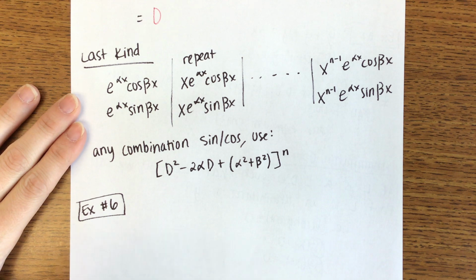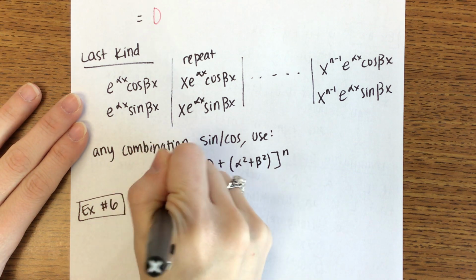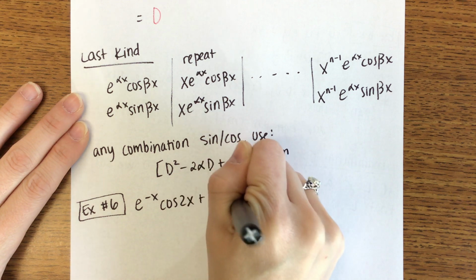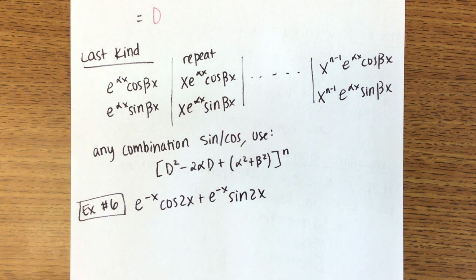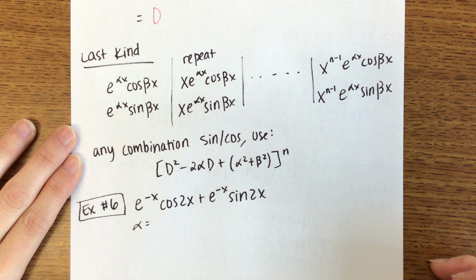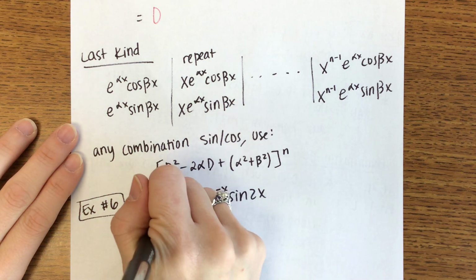So let's say we're looking at the following expression. E to the negative x cosine of 2x plus e to the negative x sine of 2x. To use this differential operator, we need to identify alpha, beta, and n. What is alpha in this case? -1.